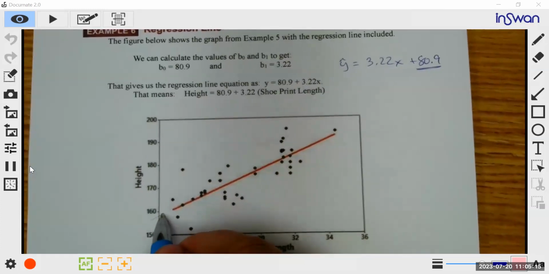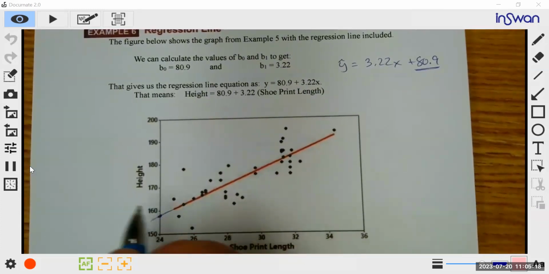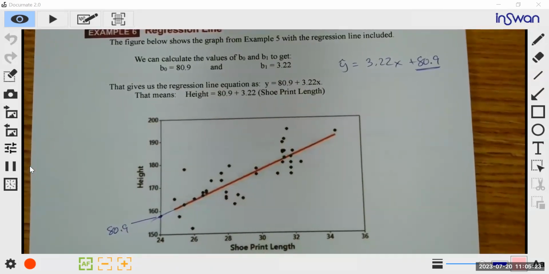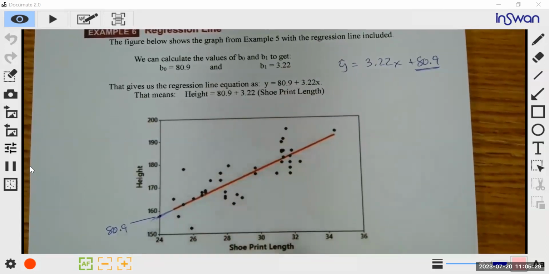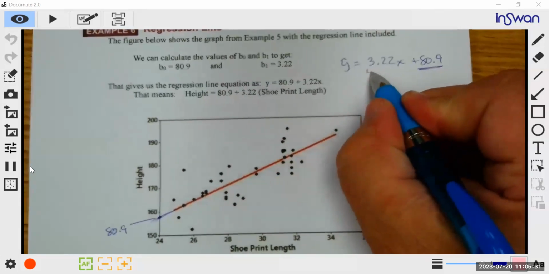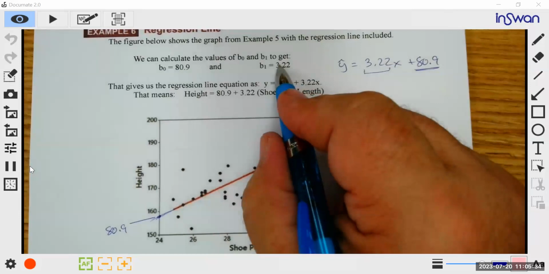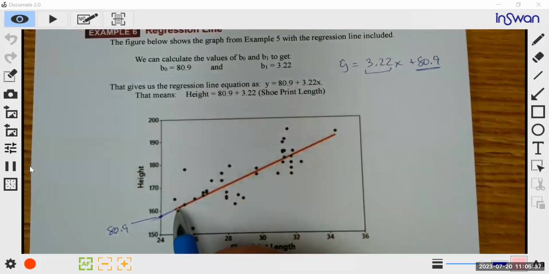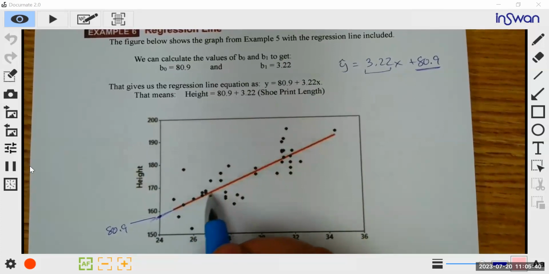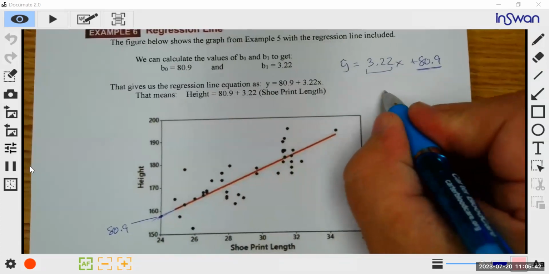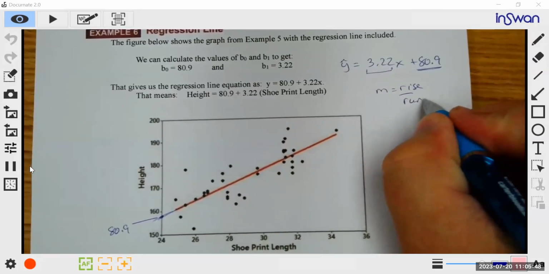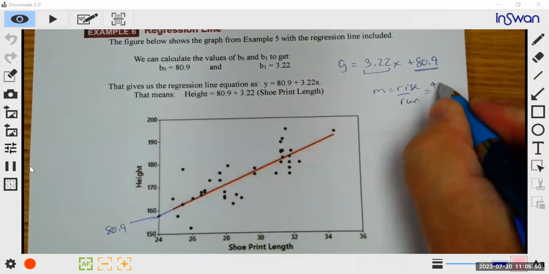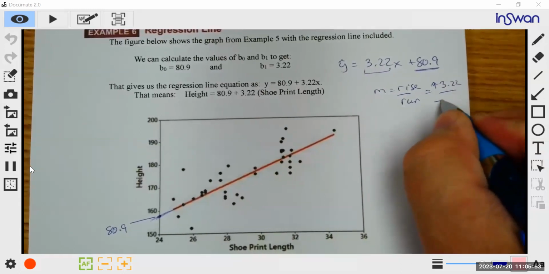It tells us where this line crosses the y-axis. If we keep on extending this line out, that's going to be 80.9. The slope, the B1 value, is 3.22, which tells us from one point to the next on average, remember, slope is rise over run, it goes up 3.22 units for every 1 unit over.